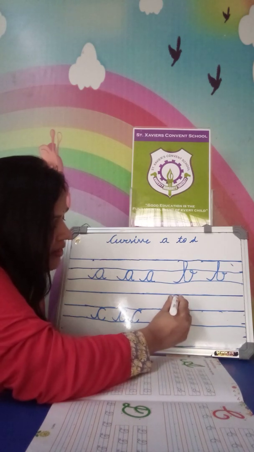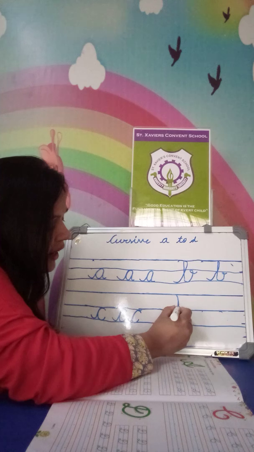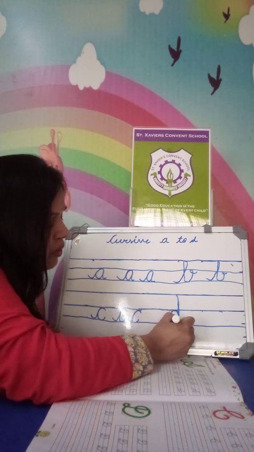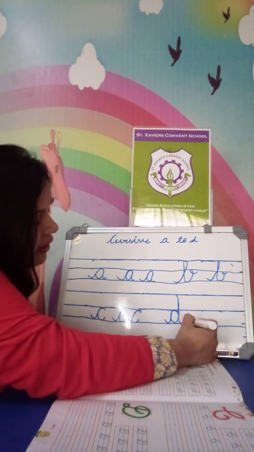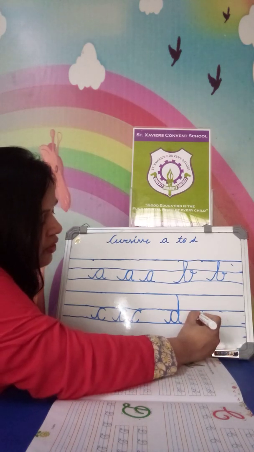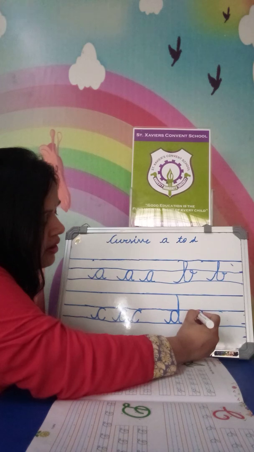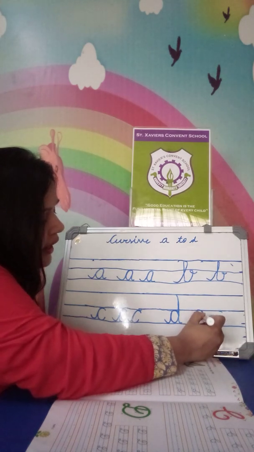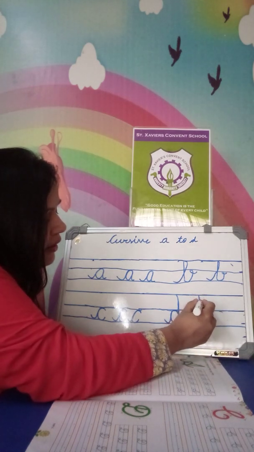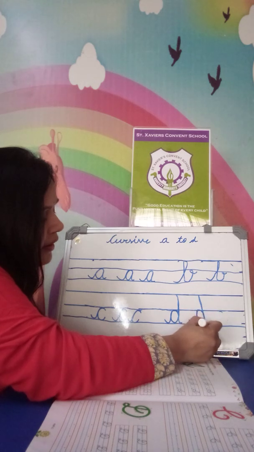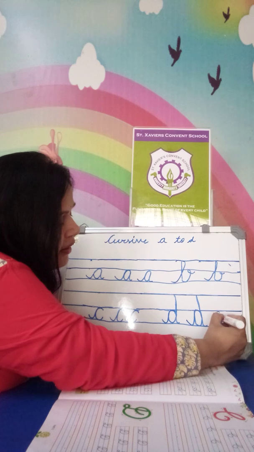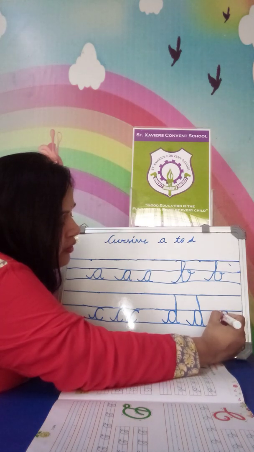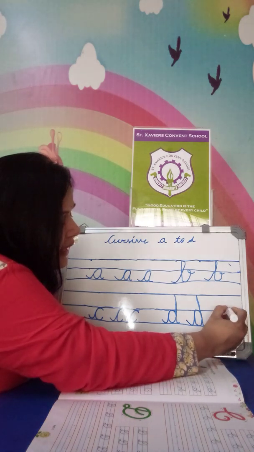The straight line touches the skyline. And again turn it and a small tail like this. Okay. Again curve with the stroke, small circle and straight line like this. Okay, again like this.